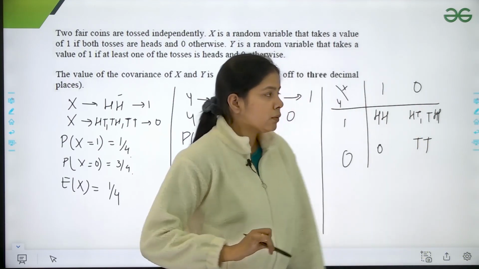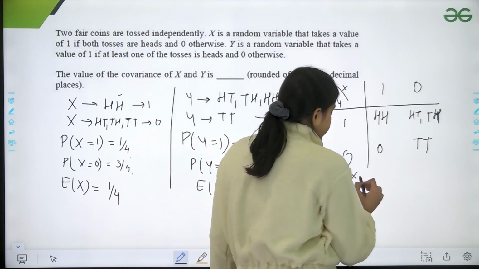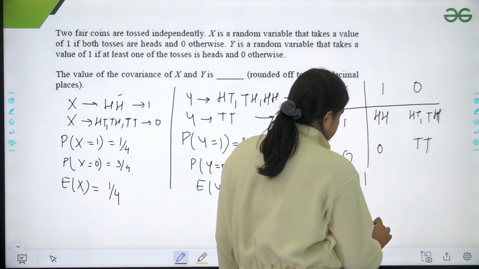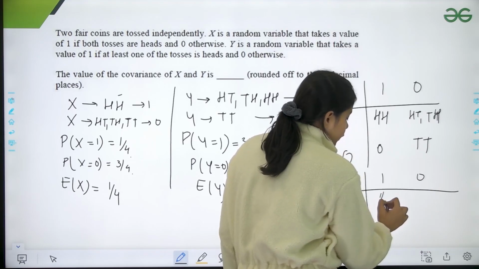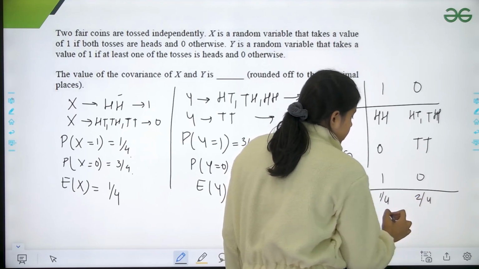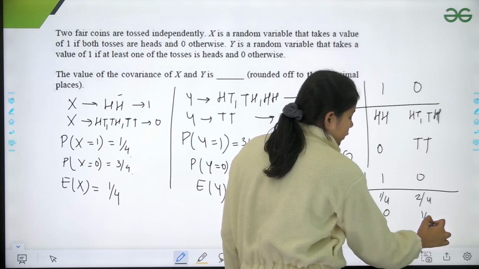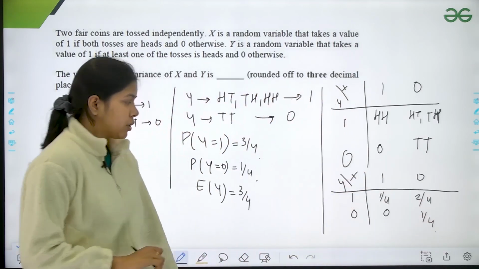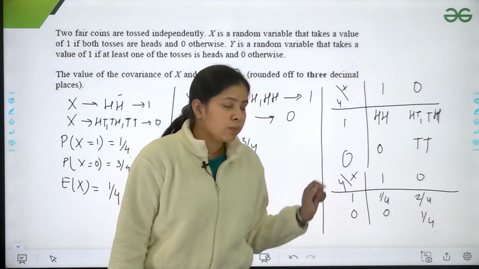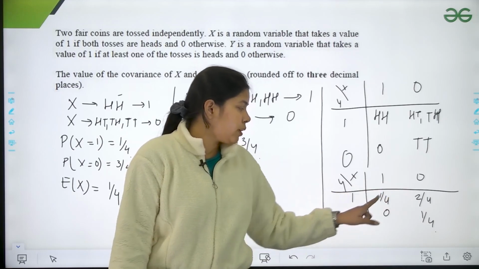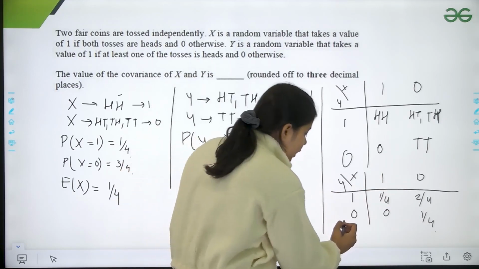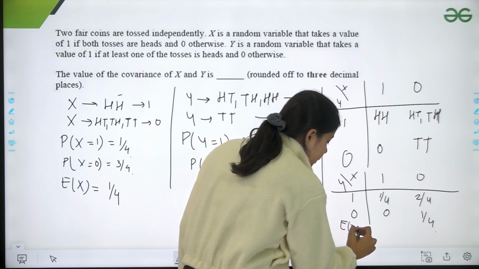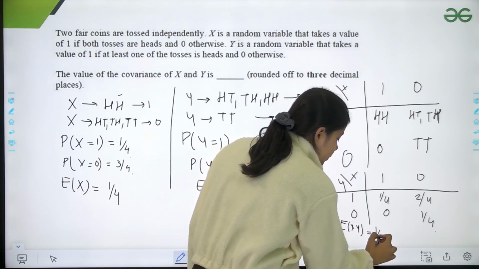So now I can write down the probability of x, y: 1 by 4, 2 by 4 and 0, and 1 by 4. Now if I find expectation of xy, that means 1 into 1 into 1 by 4 plus 0 into 1, and the other terms would be 0, because every term would have 0. So expectation of xy is 1 by 4.